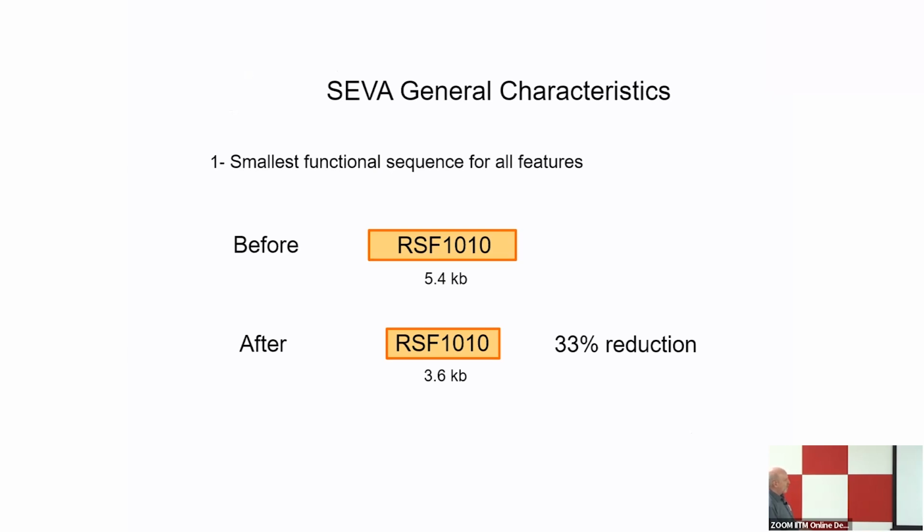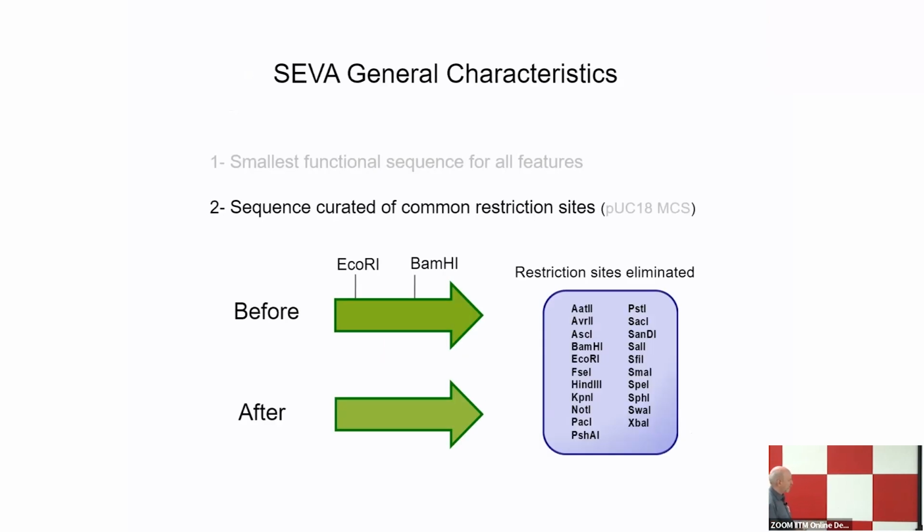For instance, the origin of replication from the plasmid RSF1010, a famous plasmid because it's super promiscuous, has a natural sequence of 5.4 kilobases. You look at the sequence and eliminate all segments of DNA which are not essential. In this case, we ended up with an origin of replication that was 33% reduced with respect to the original.